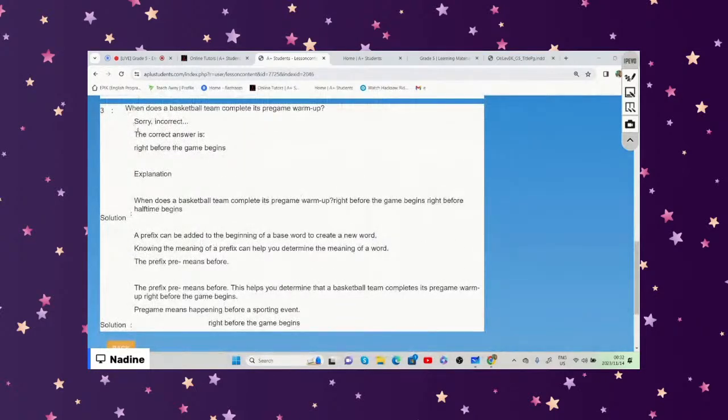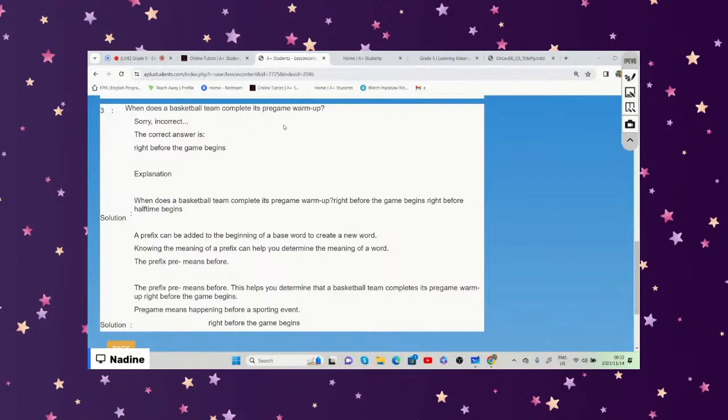And then when does a basketball team complete its pre-game warm-ups? And pre-game warm-ups, it is basically to warm up or do things before the actual or the main game.